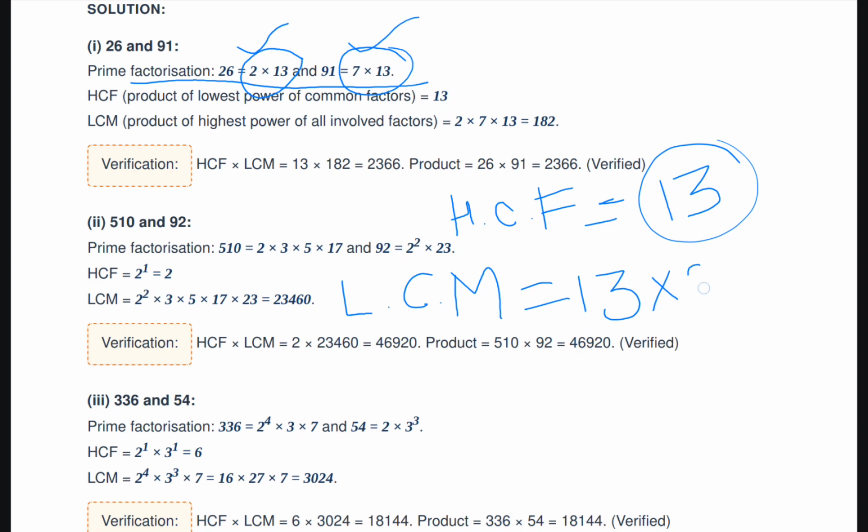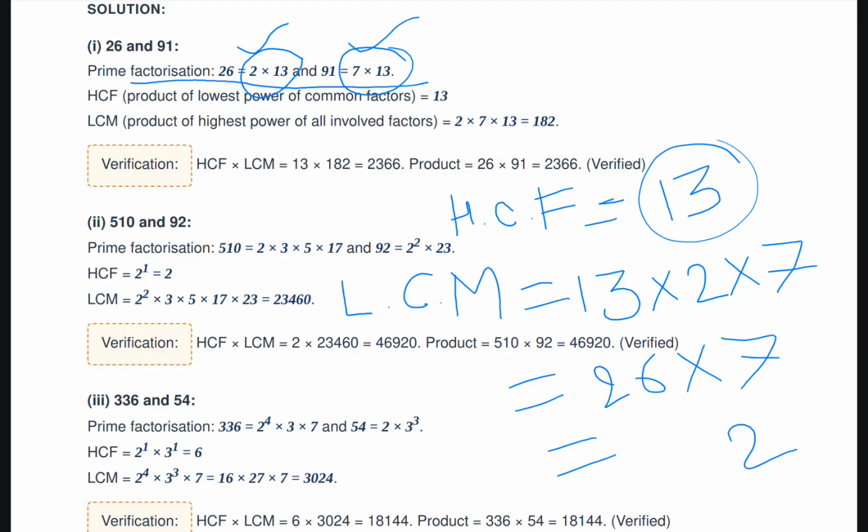Okay, now you will multiply 2 and 7 here. Okay, so 13 into 2 is 26, into 7. Okay, now multiply these two numbers: 7 6s are 42, 2 and 4 carry, 7 2s are 14, and 4 is 18, 182. So your LCM is 182.